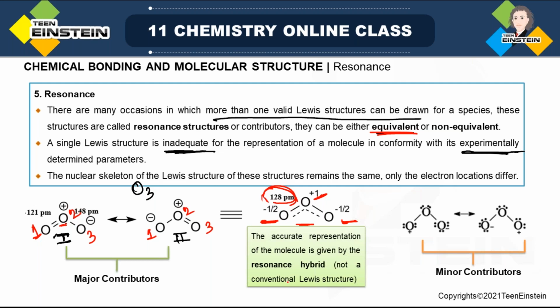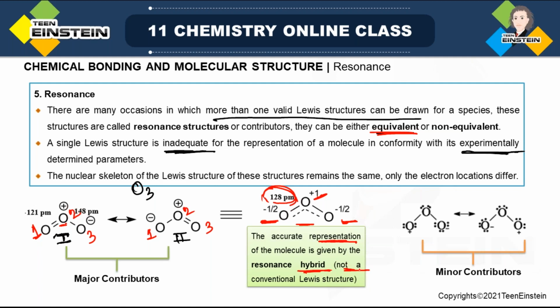Okay, so now we can say that the accurate representation of the ozone molecule is given by this resonance hybrid. Hybrid means it is a combination of structure 1 and structure 2. Remember, this resonance hybrid in brackets is not a conventional Lewis structure. We do not draw this type of Lewis structure. When we learned how to draw Lewis structures, we had not seen this type of thing.